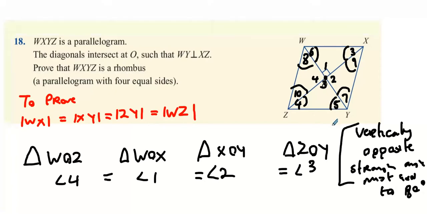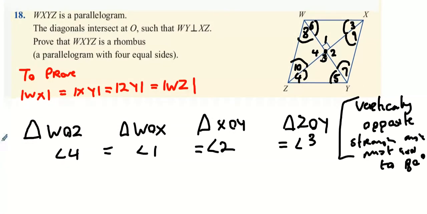I want to prove some of those angles are the same as each other. That would really help. Okay, so I'm going to target the top triangle and the bottom triangle. So what's that? WOZ and WOX, all right.